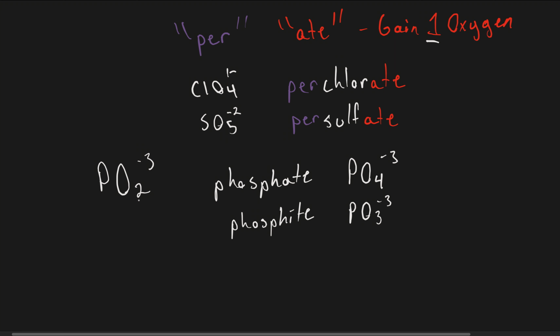But now we see that this has 2 oxygens, meaning that it lost a total of 2 oxygens. So we add the prefix hypo, since it's below the loss of 1. So now we have hypophosphite. And this is how we can name these different polyatomic ions.